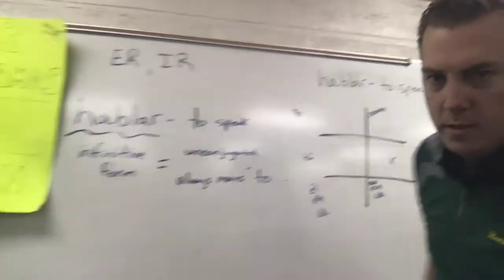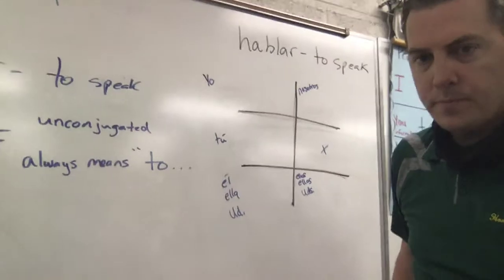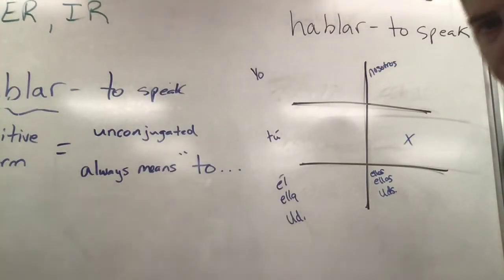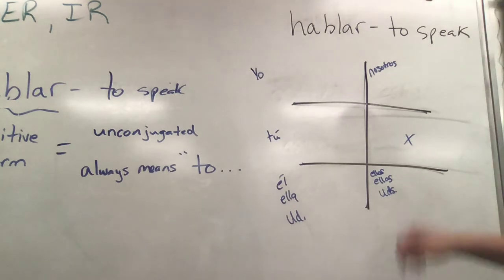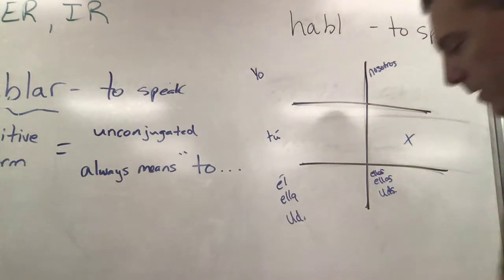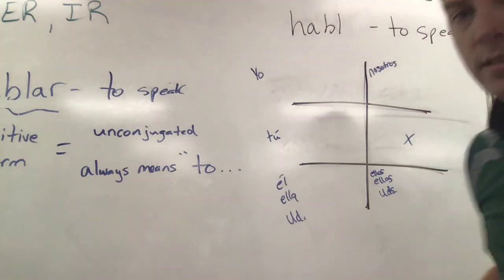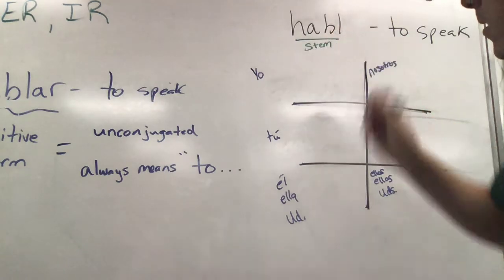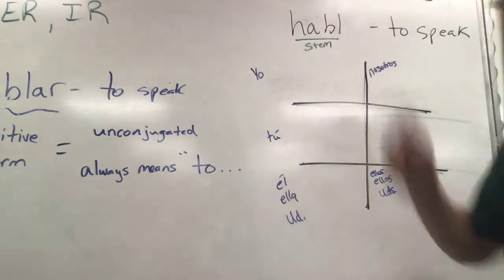If we zoom in on hablar. And to conjugate, the first step we are going to take is we are going to eliminate the AR. We take it away. This leaves us with a stem. Because this is not a word.